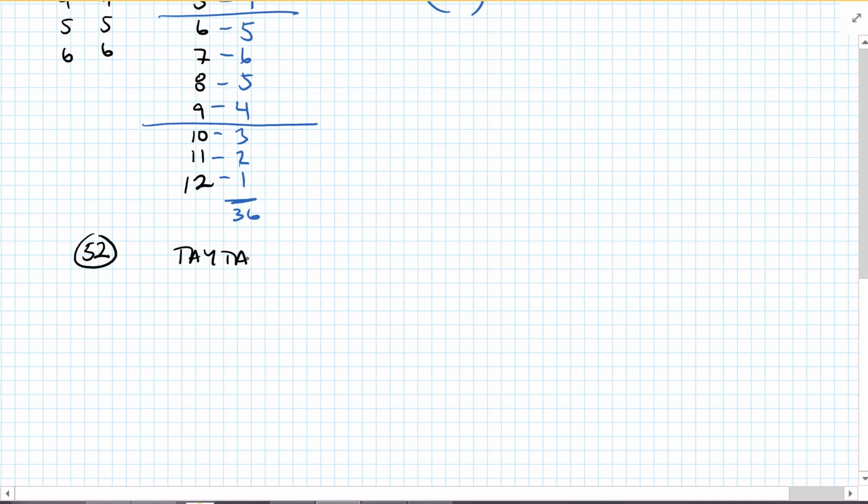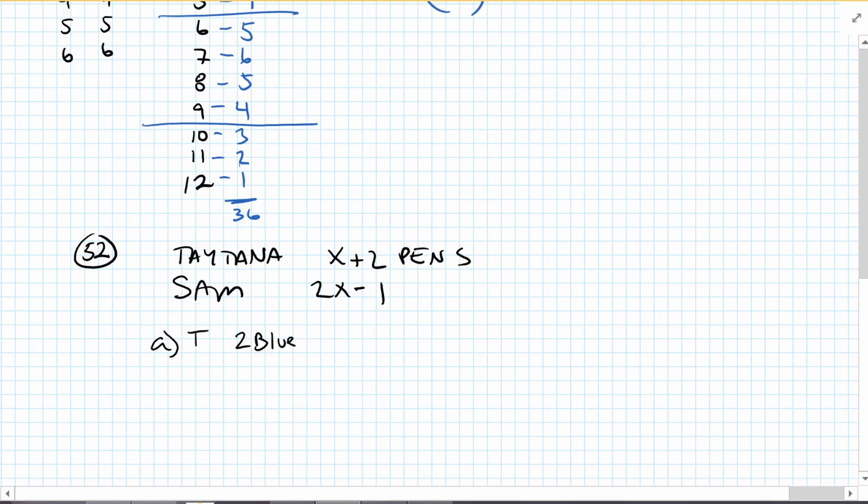All right, 52. Tatana has X plus 2 pins. Sam has 2X plus 1. Sorry, 2X minus 1. For 52A, Tatana has 2 blue pins. Find the probability she pulls out a blue pin at random.